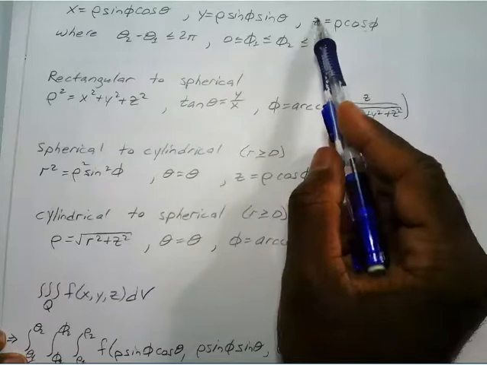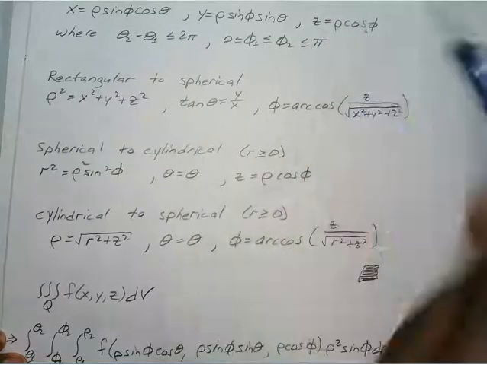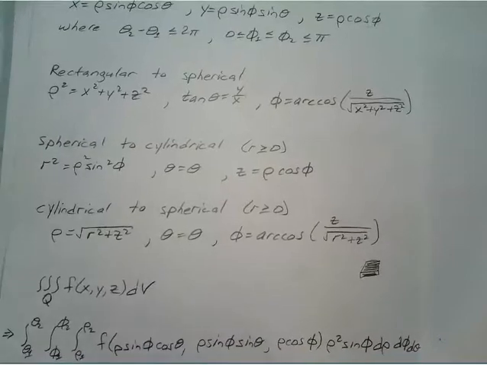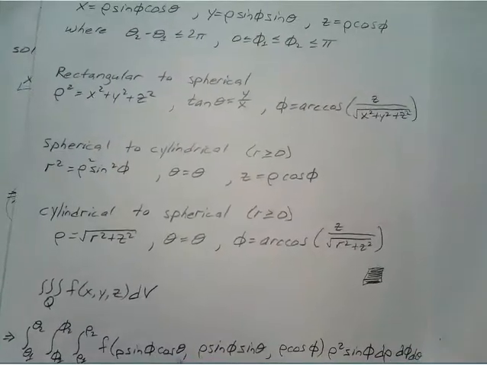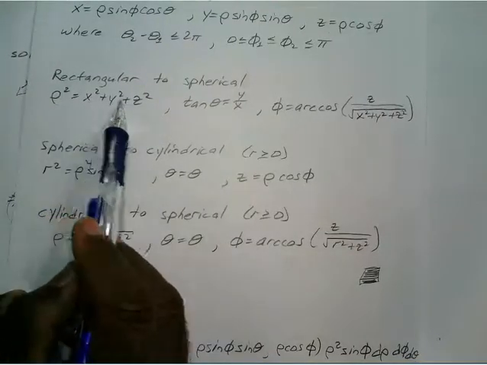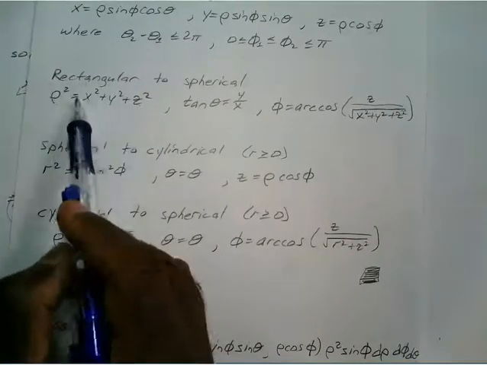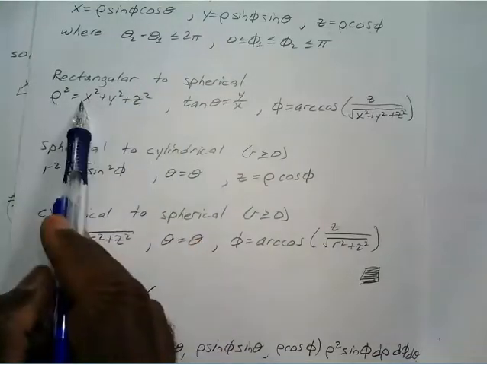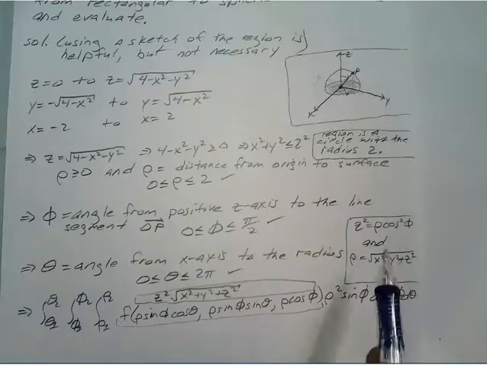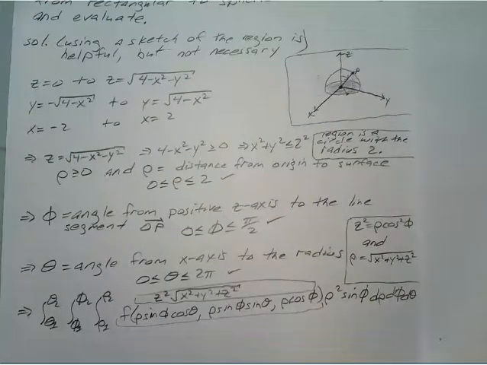So that's where we got z squared is equal to rho squared cosine squared of phi. And here it is, our rho squared is equal to x squared plus y squared plus z squared. So if we square root both sides, rho is just equal to the square root of that. So that's where we got those two from.